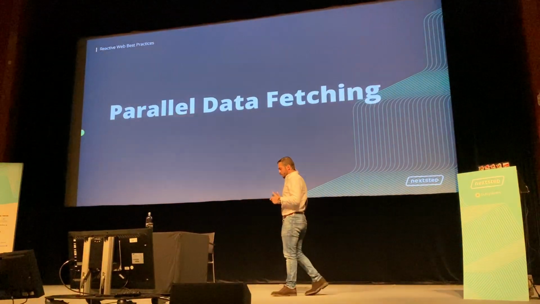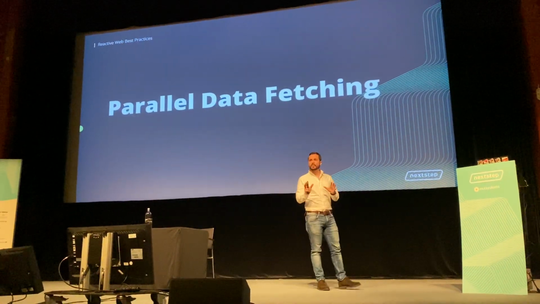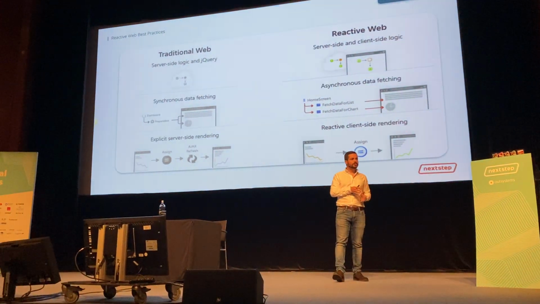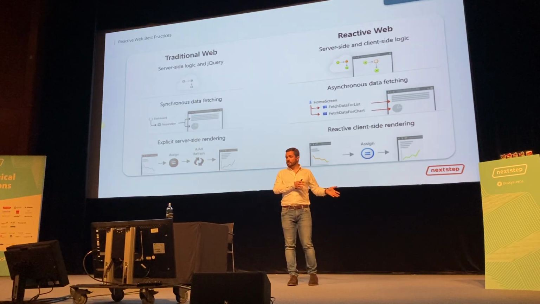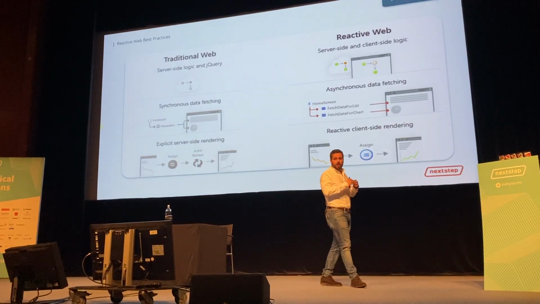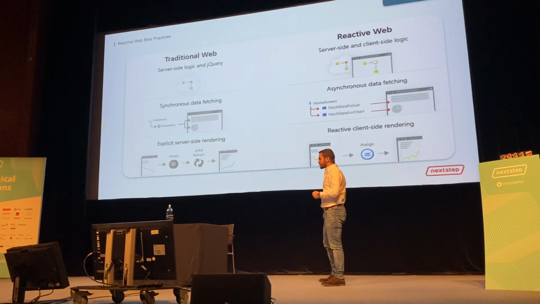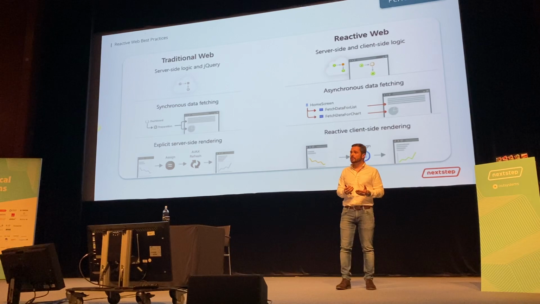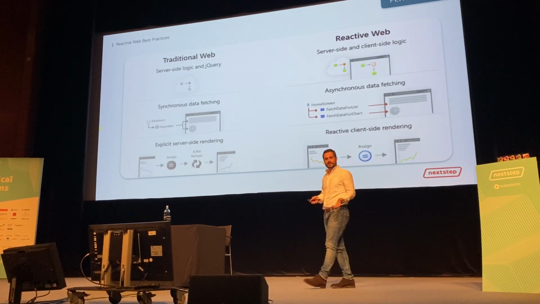So, moving forward to parallel data fetching, we'll do a bit of a comparison between what we had in the past, in traditional web, and what we have now in reactive web. In the traditional one, we only have server-side code, and I can give you an example that was really horrible for me: when you try to run JavaScript, you need to go to the server to then execute something on the client side.